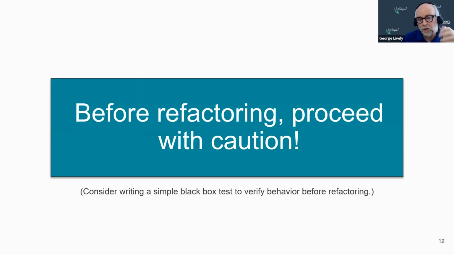Might go through a user interface or something that can verify the behavior that we're expecting before we do the refactoring. Therefore, we have some sort of a safety net in place that will tell us if we broke that behavior by doing the refactoring, and we can roll it back and try again in that case. It's much easier to do that if you have that safety net in place from the very beginning.